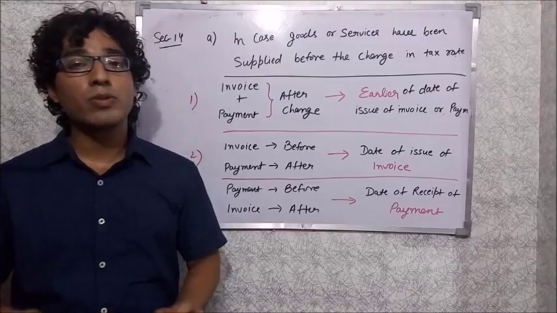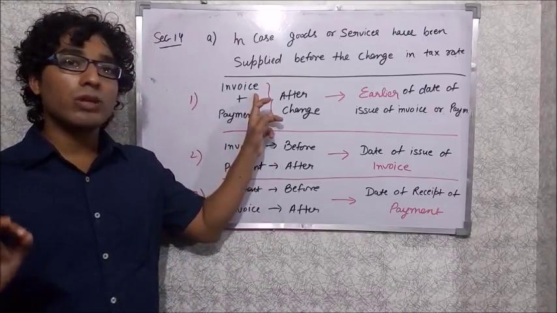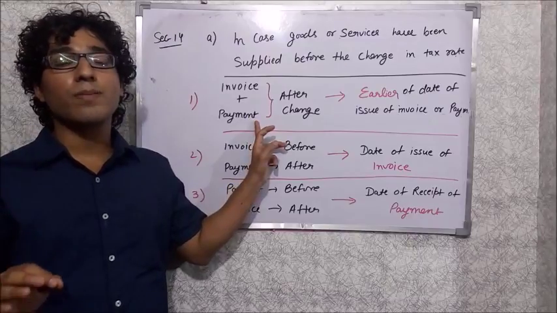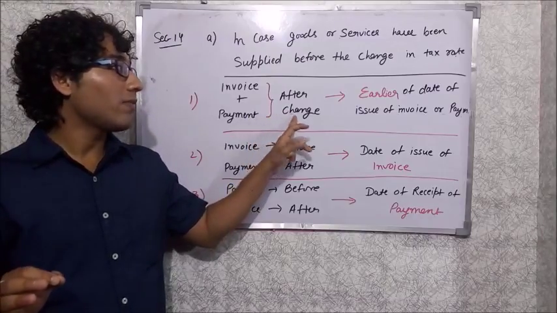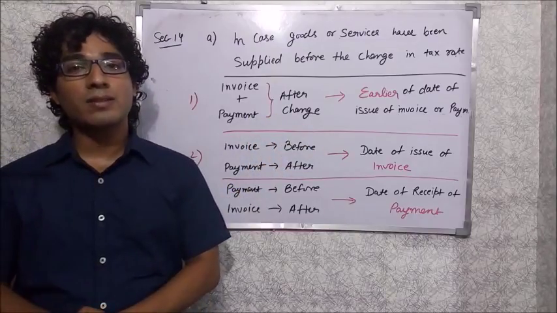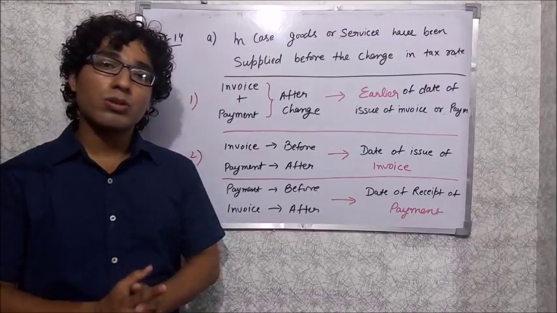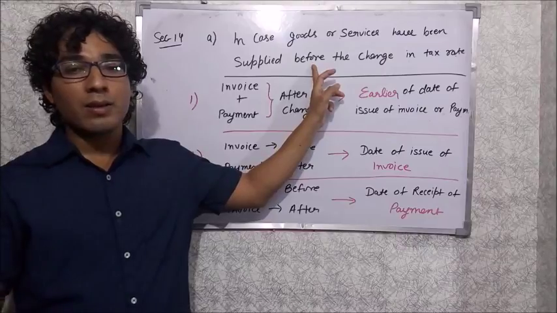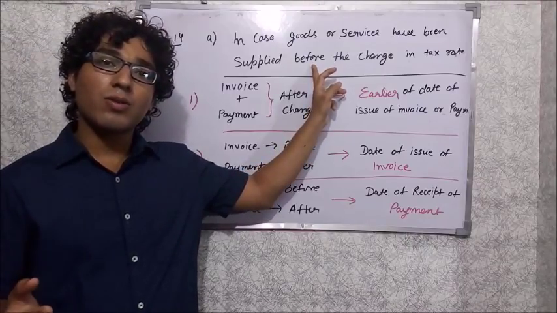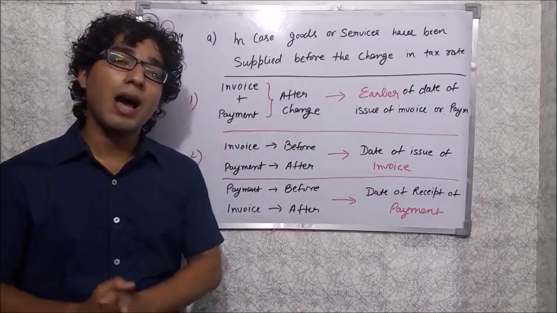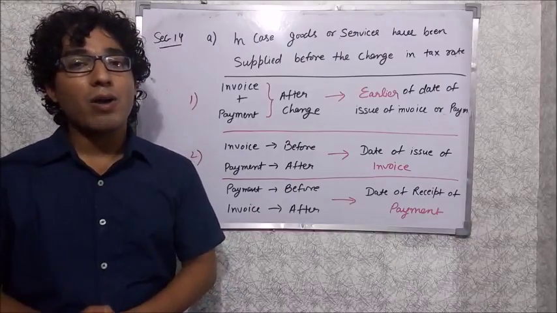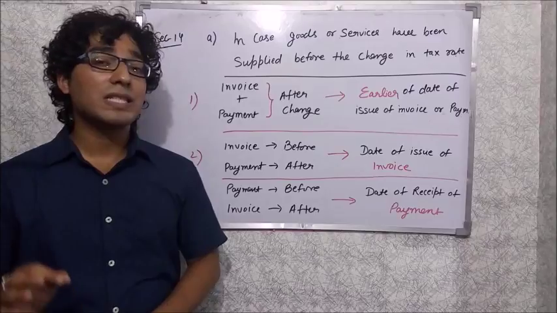The first sub situation is when you issue the invoice and you receive the payment in respect of supply of goods or services after the change in rate of tax. So when you supplied the goods or services before the change in tax rate, but you issued the invoice or received the payment after the change in the rate of tax, how do you determine the time of supply of goods or services in this case?